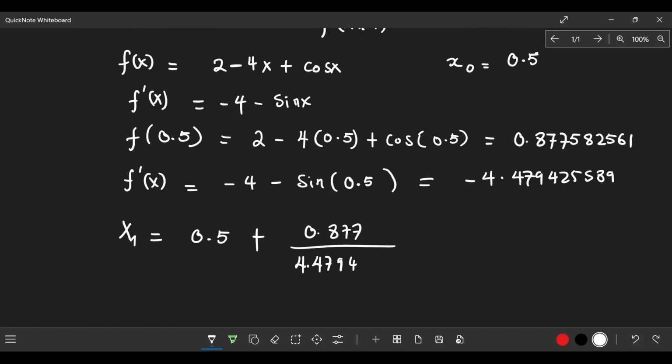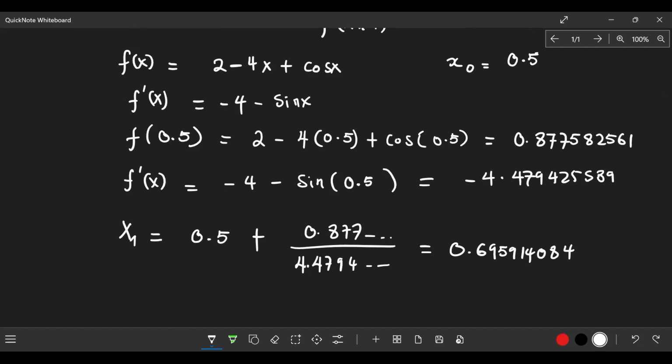4.7479 or 2, whatever there. So what do you get overall now? Make sure you put all the values. What are you getting? 0.6959, 14, 084, 0.84, something like that.